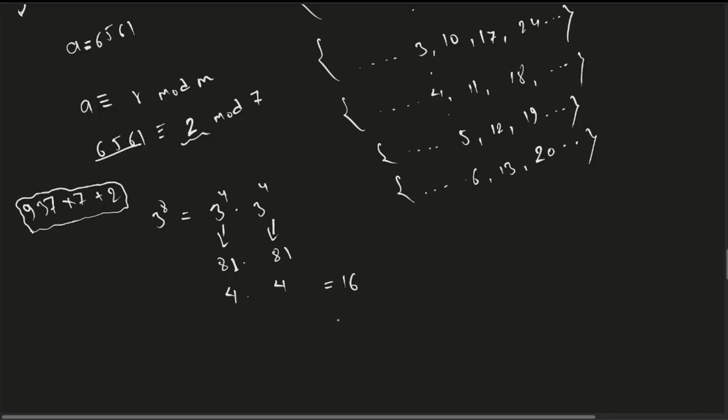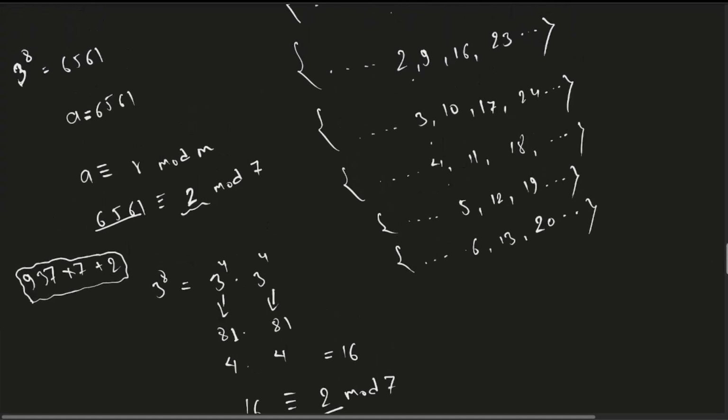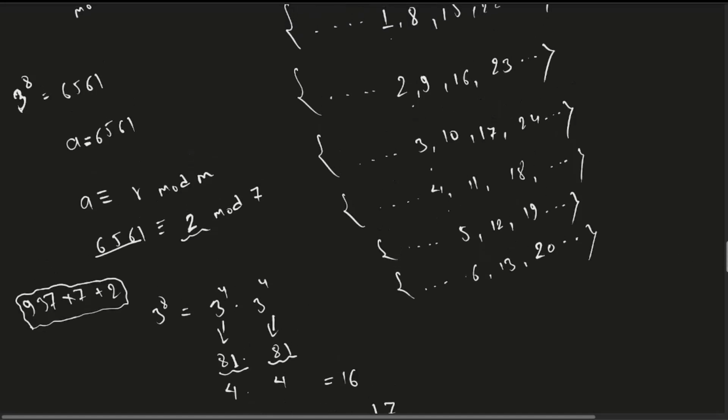This is the power of modular arithmetic. I can now use 16 for this mod 7. 7 times 2 is 14, so the remainder is 2. I can now easily get the remainder. I forgot to mention something here. For this 81, I divided it by 7 and got the remainder 4. It turns out this 81 is part of this equivalent set.